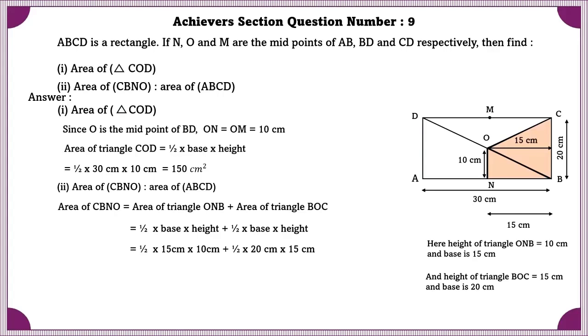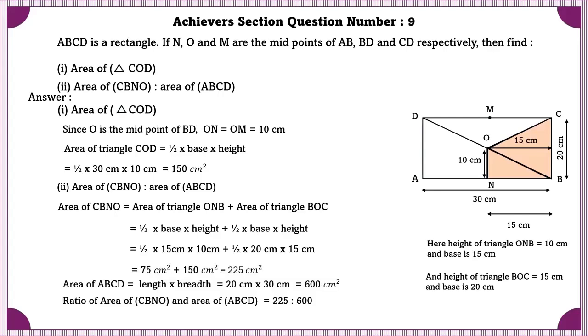So area of CBNO is equal to 225 cm square. Now area of ABCD is equal to length into breadth, that is 600 centimeter square. Now the ratio of area of CBNO and area of ABCD is equal to 225 is to 600, which can be simplified as 3 is to 8.